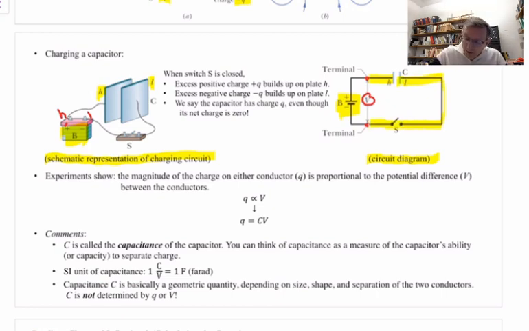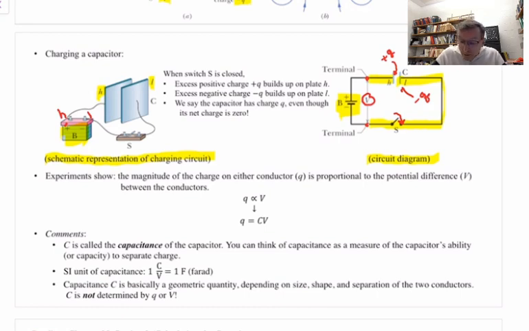And then all you got to do is mechanically close that switch, and you will have a complete circuit, and the battery will do work, and will end up charging up the capacitor C with plus Q building up on the right face of the H conductor, and an equal and opposite amount negative Q on the left face of the L conductor.